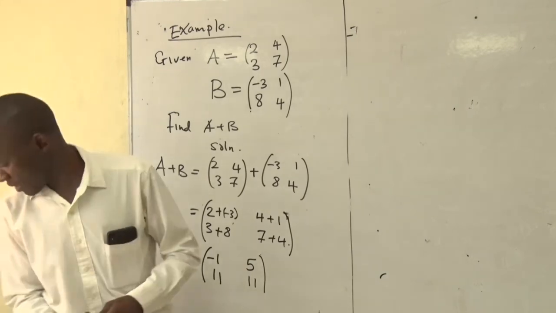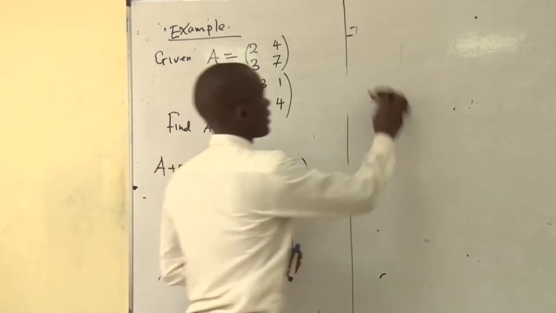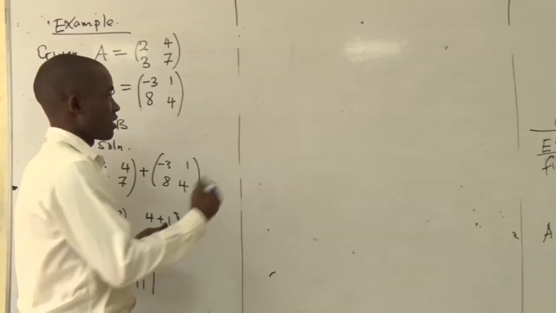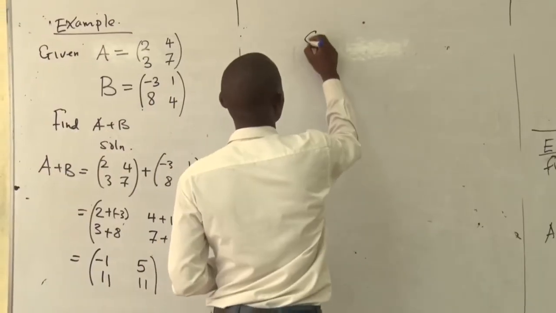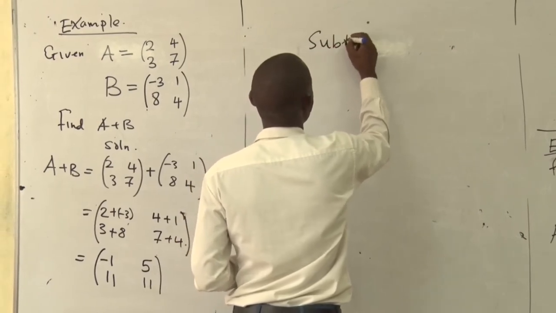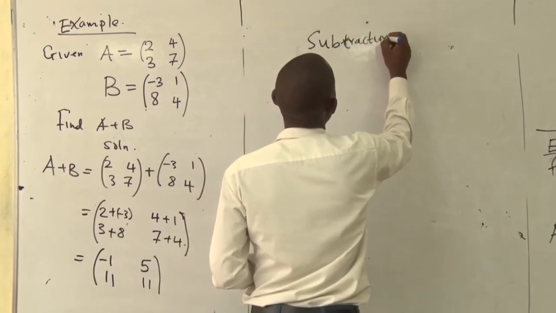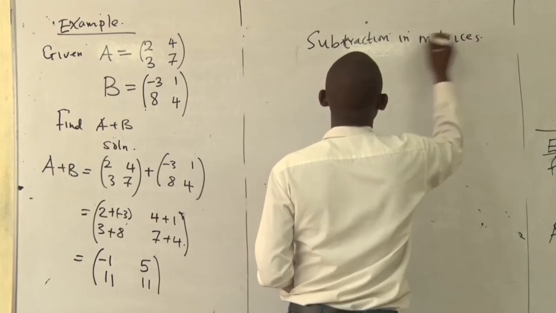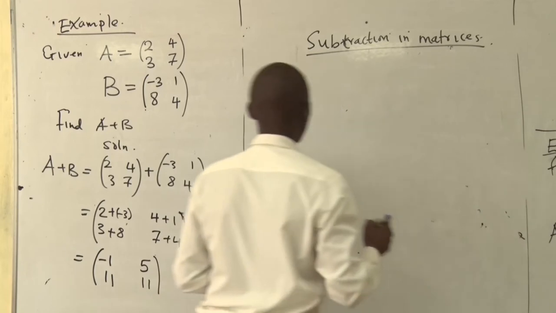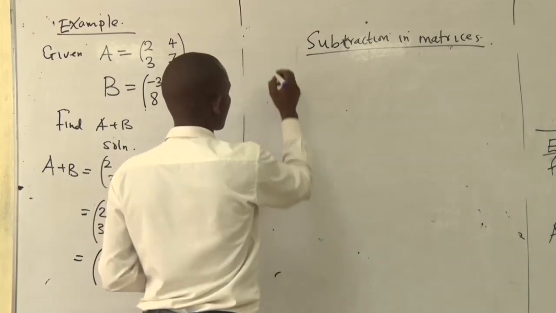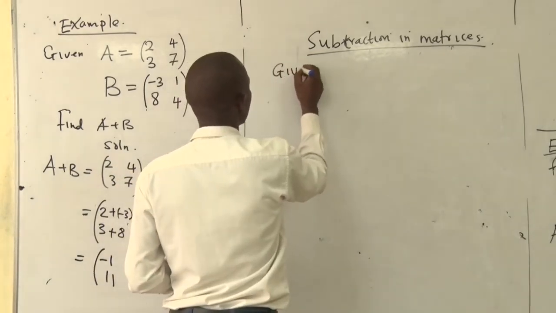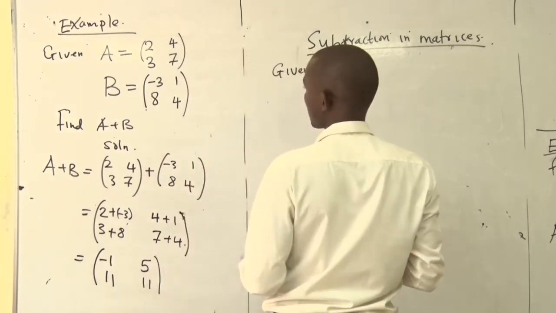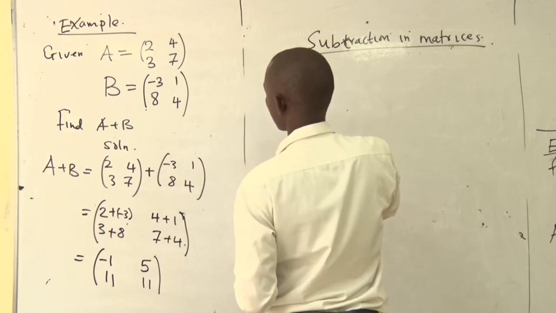We are now moving to another example for subtraction. Subtraction of matrices. Subtraction is the opposite of what we have done. We want to repeat the same example, but with subtraction.